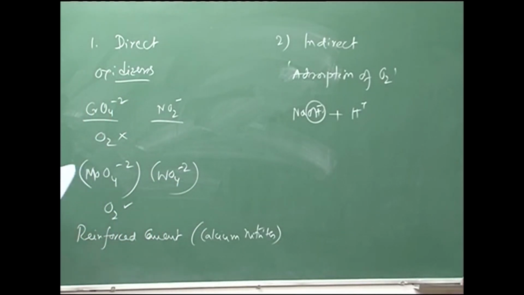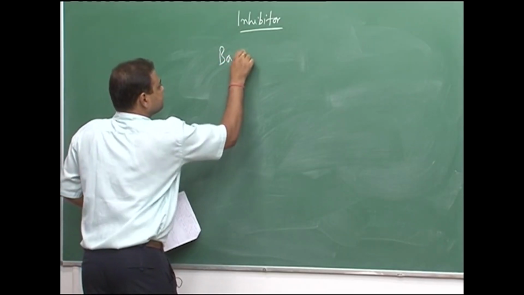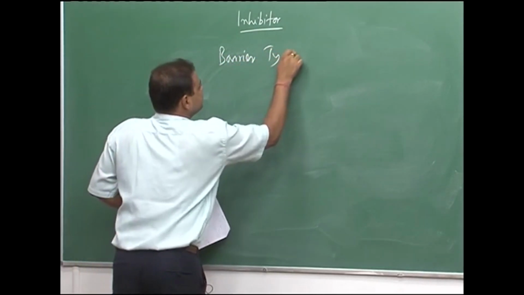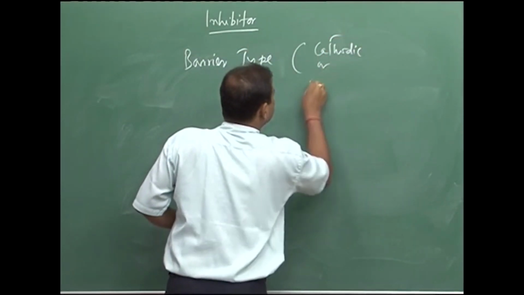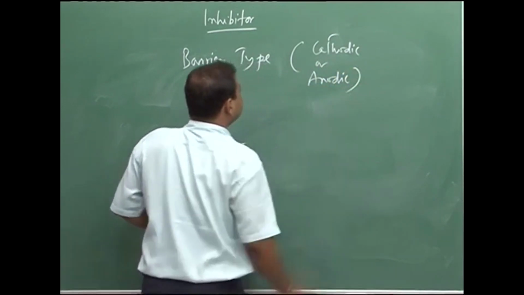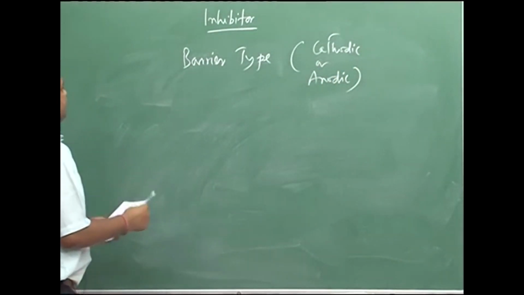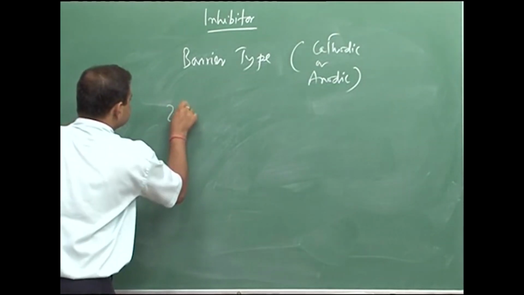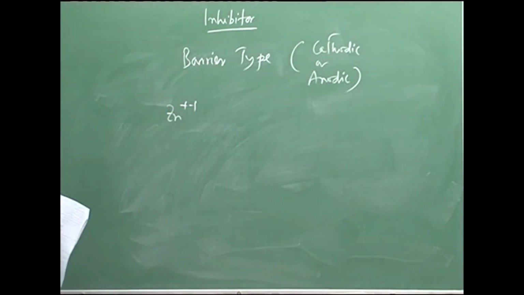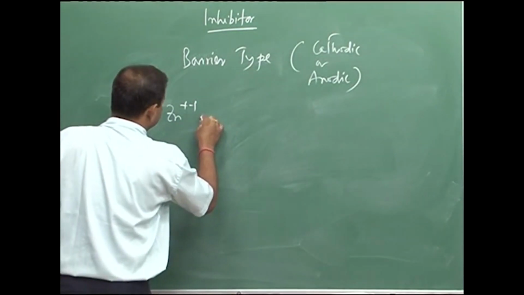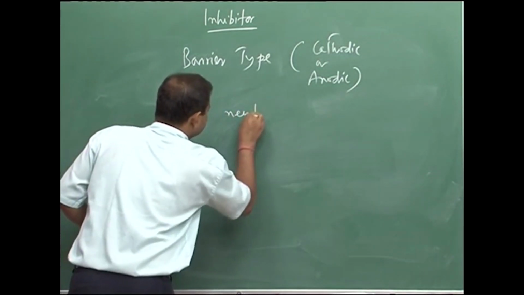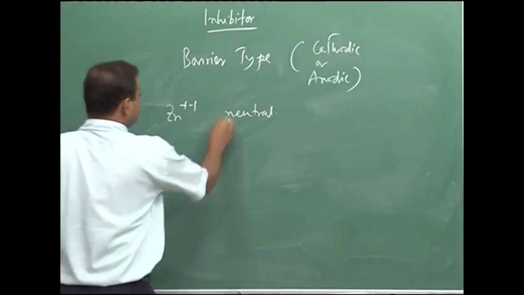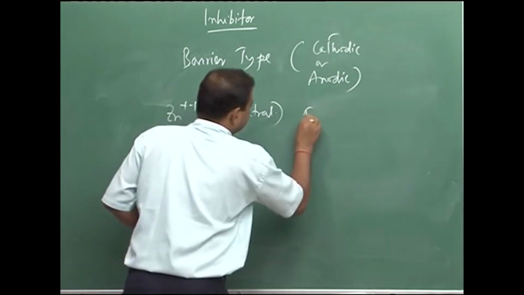Now, we can also think of barrier type inhibitors, which can be cathodic or anodic. One example is, let us say, if we add zinc ion in a neutral solution, it can protect against iron corrosion.